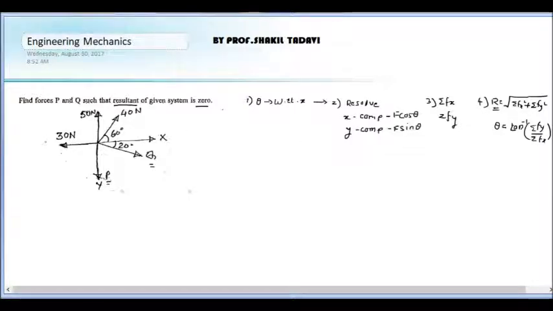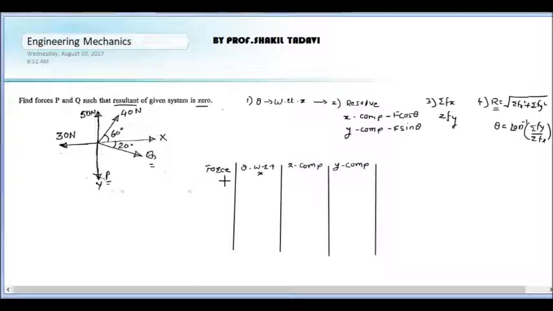In our earlier problems, our procedure was to first list the table for forces, then list all angles theta with respect to x, then calculate the x component, then the y component.